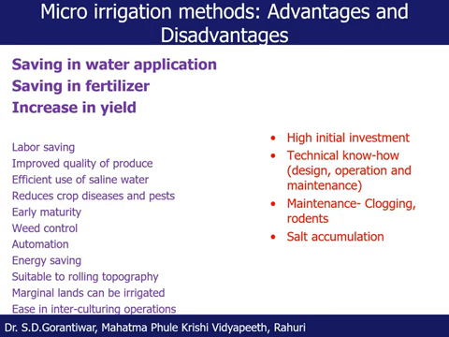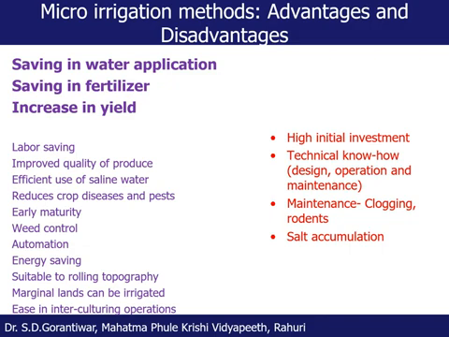The fertilizer will also move beyond the root zone, and whenever fertilizer or fertilizer and water move beyond the root zone, and if it is applied in an unwanted area, so that is wastage actually. So in case of surface irrigation method, there is wastage of the fertilizer.